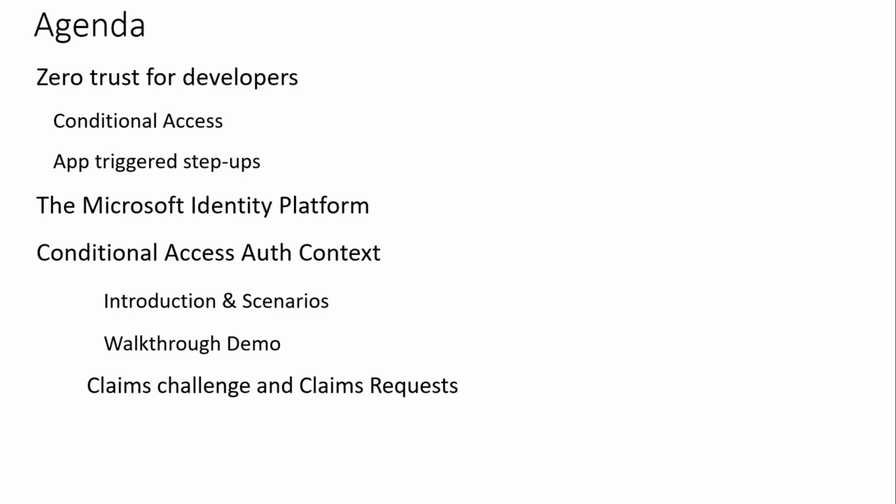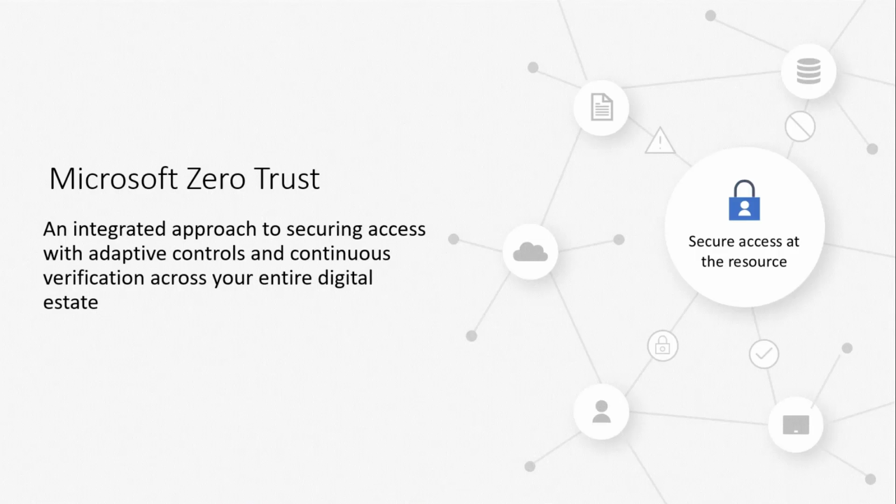Then Kalyan will talk about the identity platform integration, covering topics like the conditional access auth context, introductions to the scenarios, a walkthrough in the demo, and then getting down into some of the details about how it works at the protocol level.